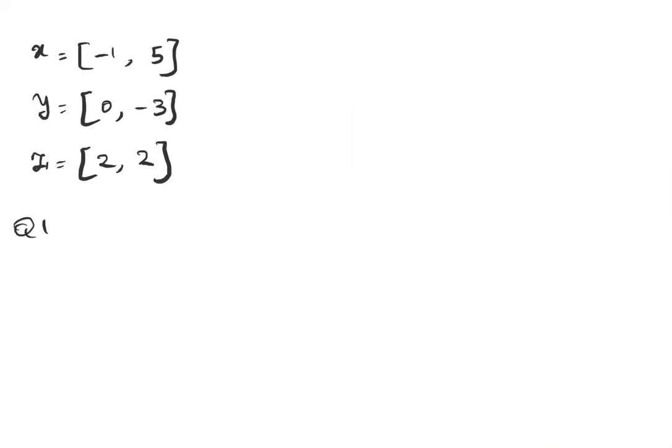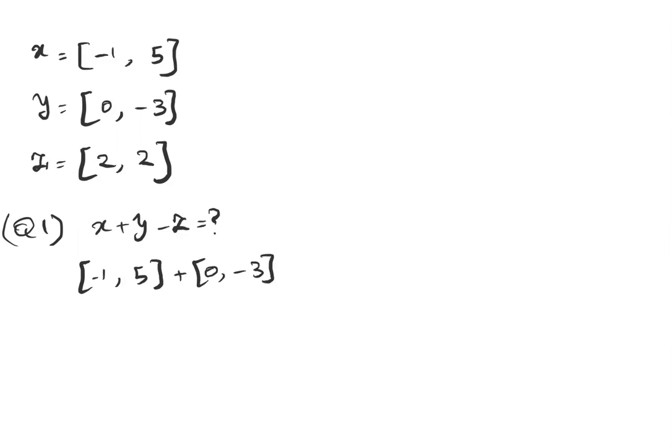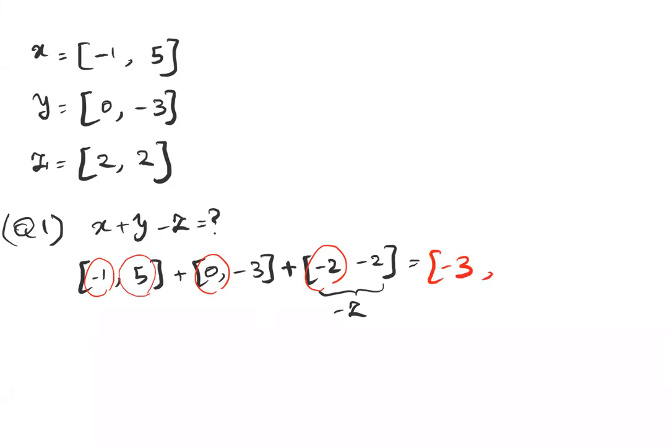So the first question, what is x plus y minus z? x is -1 and 5, plus y, 0 and -3, minus z. Instead of minus z, we can say plus, and then multiply -1 by z. So this is minus z. So now we are going to add the first elements together: -1, 0, -2, which is -3. And the second elements together: 5, -3, -2, which is 0. So the answer here is -3, 0.